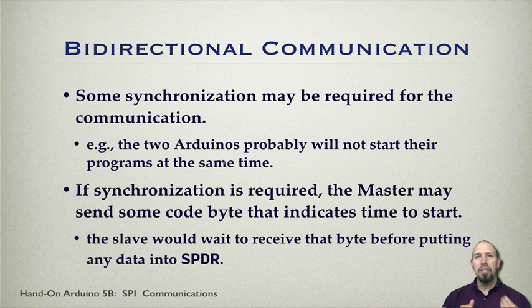Once that one byte comes, then it knows, okay, now it's time for me to start sending data. So that synchronization may be required. In some applications, synchronization is not required. For example, we're going to do one using hardware that does not require that. So we'll come to that. So, bidirectional communication.